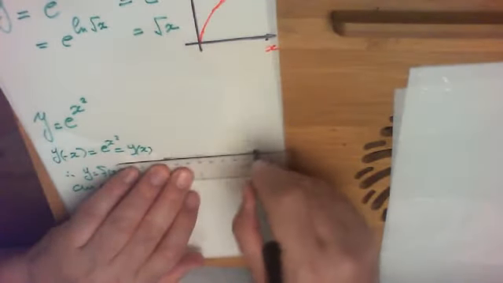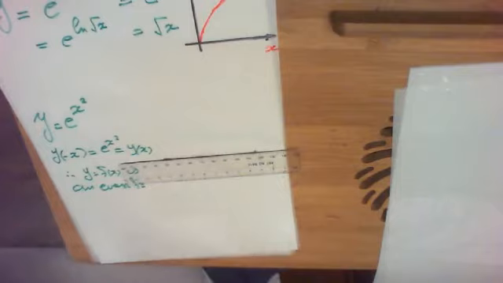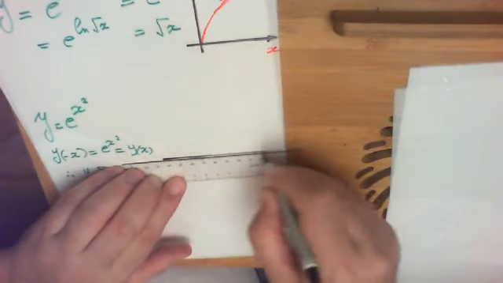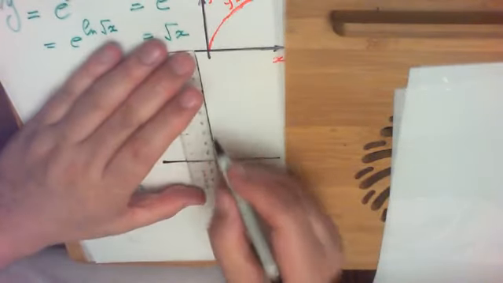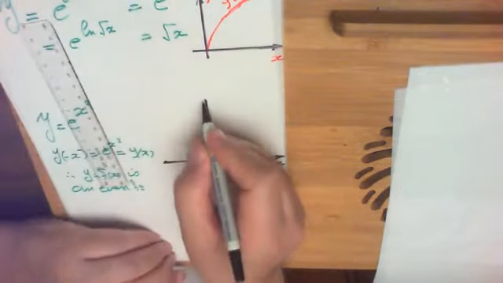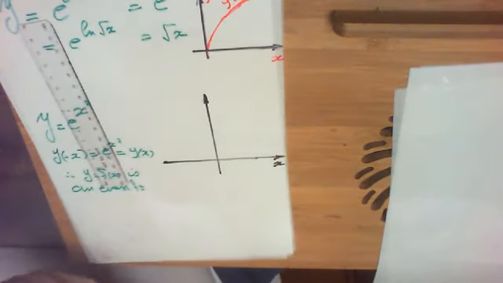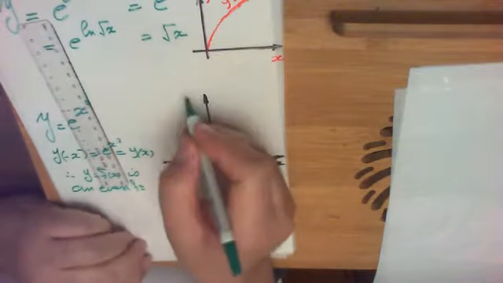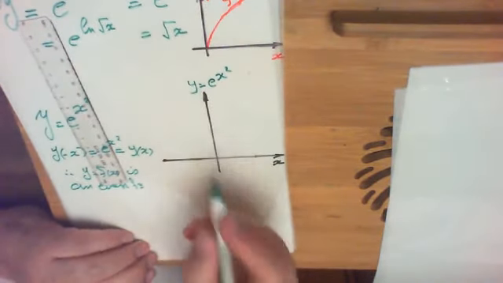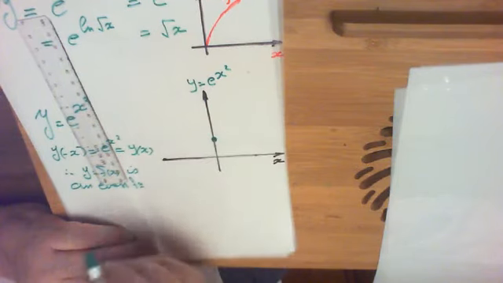Our axes are y and x. This is the x-axis. This is the y-axis. Okay, e to x squared. If x equals 0, e to 0 is 1. Very simple.